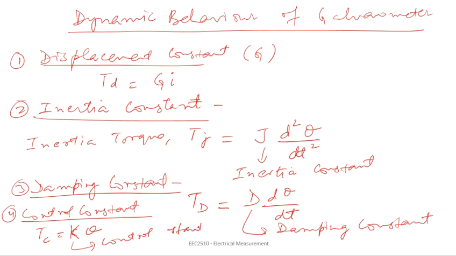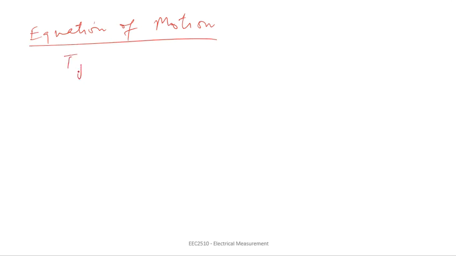Now, having discussed all these constants, we can write the equation of motion. The sum of the inertia torque, damping torque and control torque should be equal to the deflecting torque. For any deflection theta at any instant t, this equation should hold.